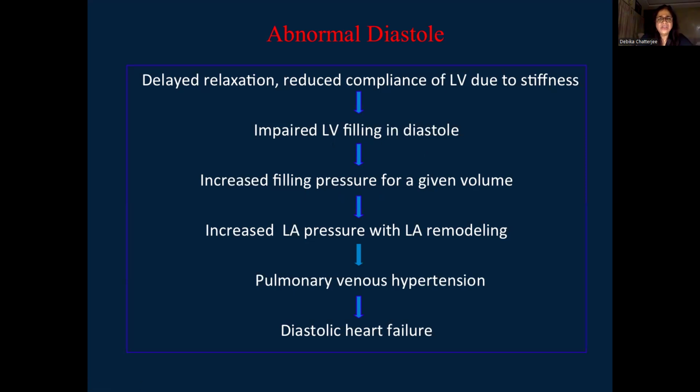That leads to increased LA pressure. With LA remodeling, the LA undergoes dilatation, it gets enlarged. And the LA pressure gives the back pressure, leading to pulmonary venous hypertension, and then the patient goes into diastolic heart failure.